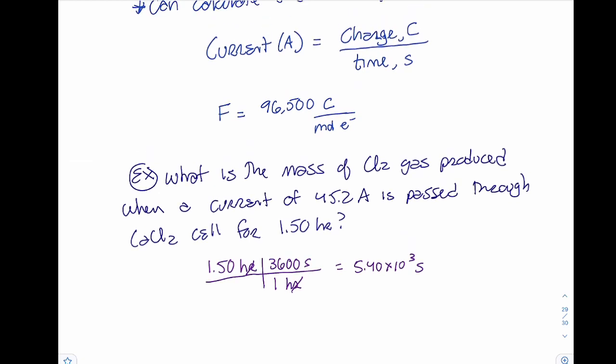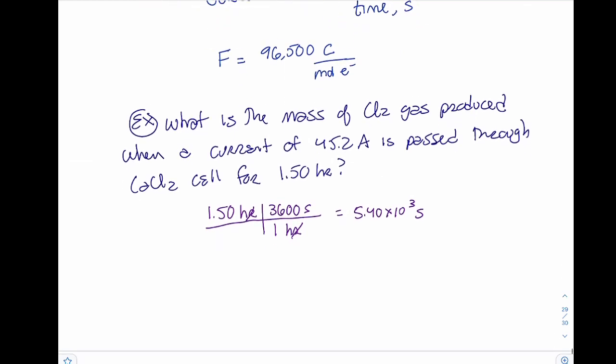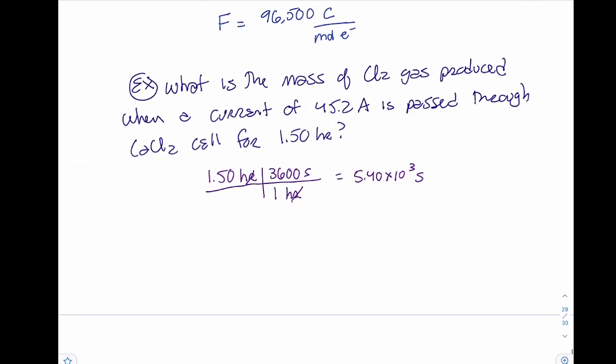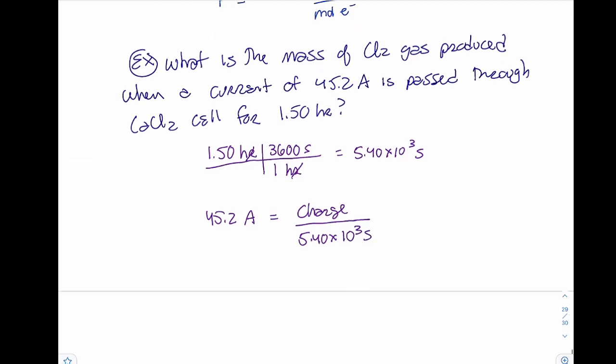So we're just going to then plug in my amps for my current here. We're going to solve for our charge. So 45.2 amps gives me my charge, that's what we're solving for, over 5.40 times 10 to the third seconds.